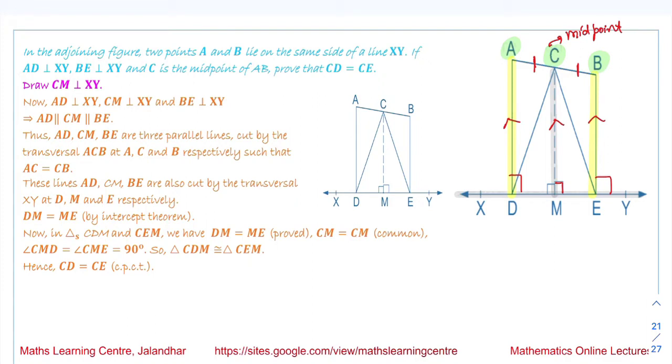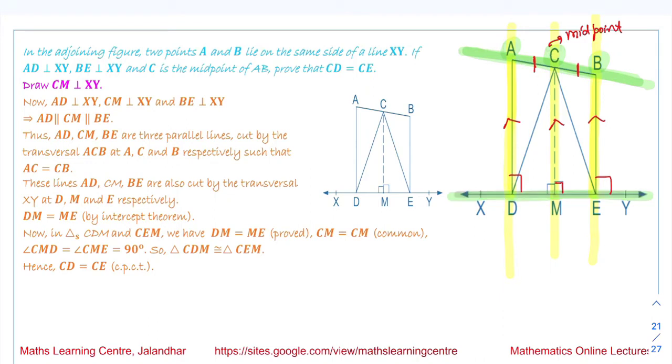And the line ABC is a transversal for these three lines: one is AD, second is CM, and third is BE. For these three lines, this is a transversal and this is also a transversal.